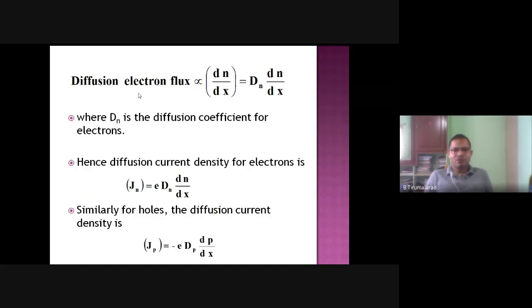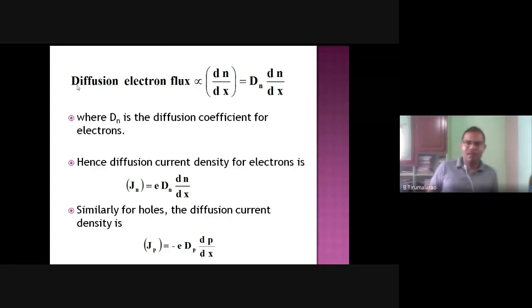So this is Fick's law. What is Fick's law? Diffusion electronic flux is directly proportional to dn by dx. Here D is the diffusion coefficient for electrons.